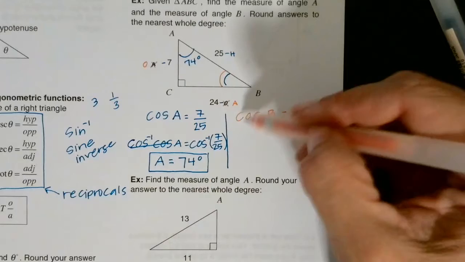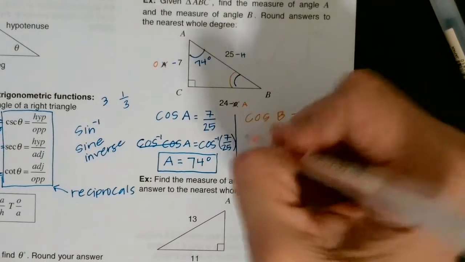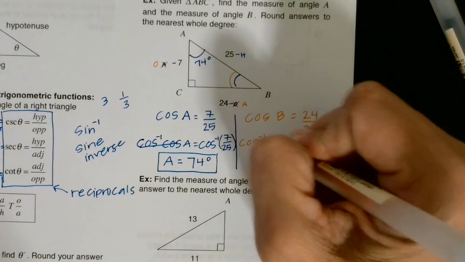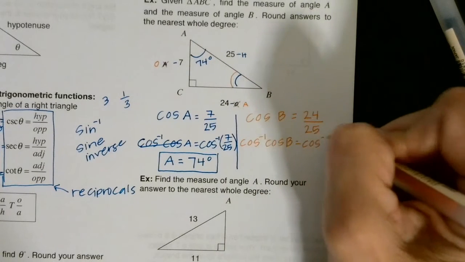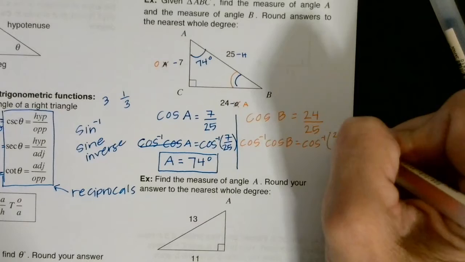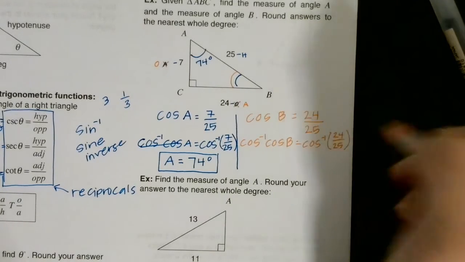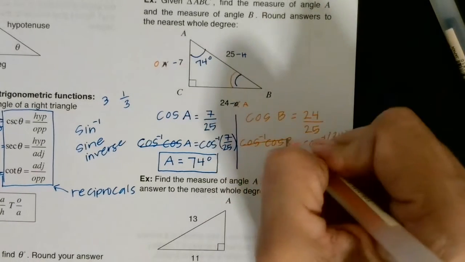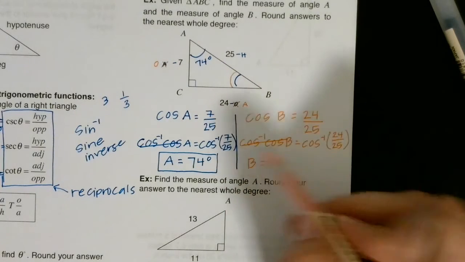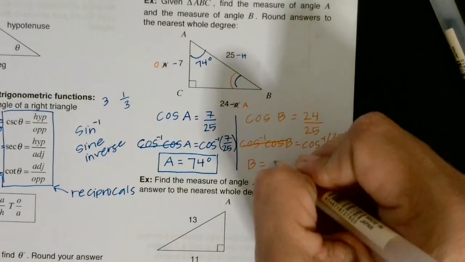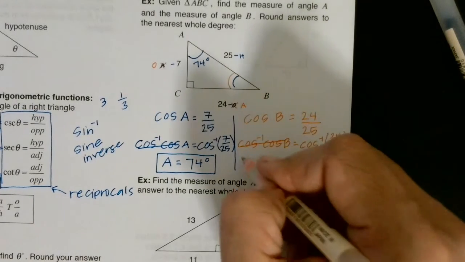How do I undo the cosine so that we can get B by itself? I take the cosine inverse. And then I plug that into my calculator. Notice the B doesn't cancel, it's just the two cosines being undone, and I get 16 degrees.